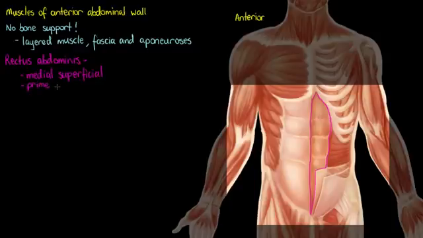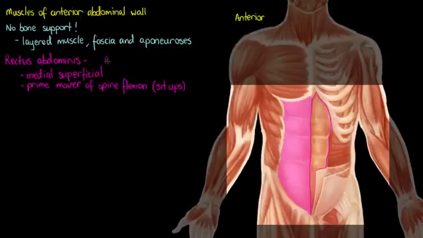And if we have a think for a moment about the types of movement we can achieve with this muscle, well, they're going to be the prime mover of spine flexion. Spine flexion is exactly what you do when you are doing a sit-up. So when somebody does hundreds and hundreds of sit-ups, the muscle in between these tendinous insertions is going to hypertrophy, giving people that ab and flat stomach look.